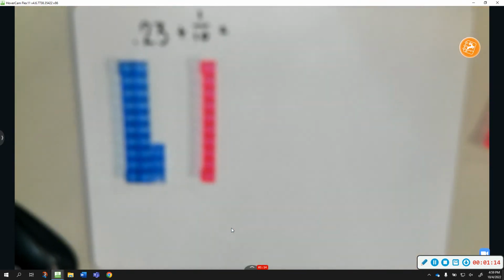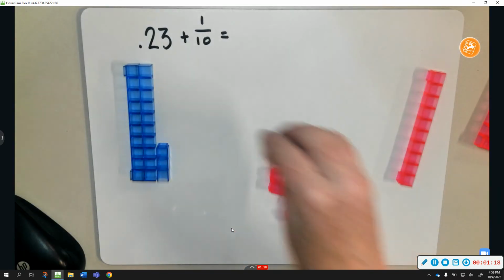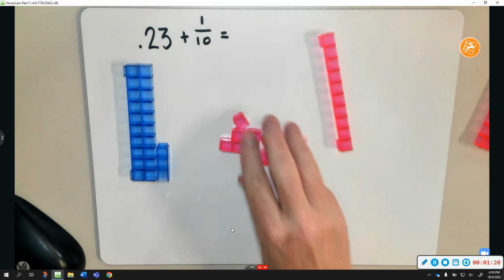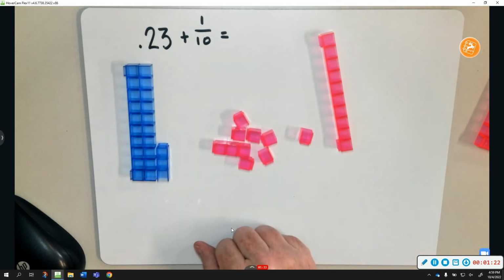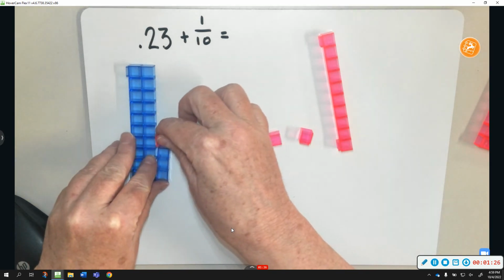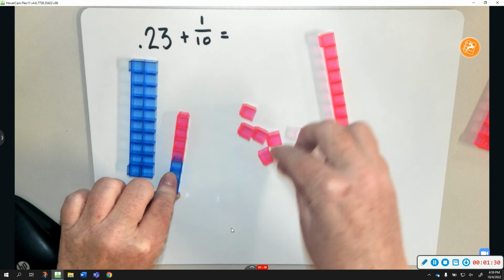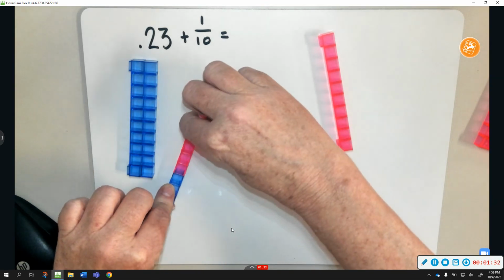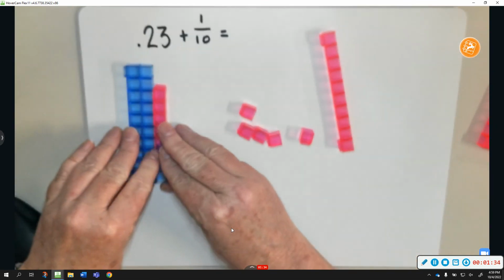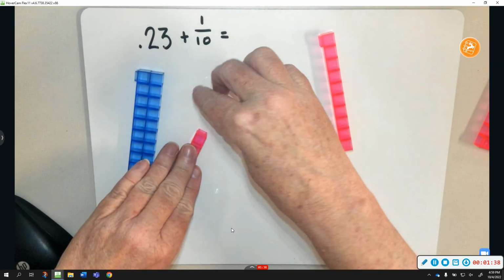So I can take that and decompose it into 10 right here. And when I do that, I'm just going to finish adding it on here until I have this filled up with 10, and I need 2 more.